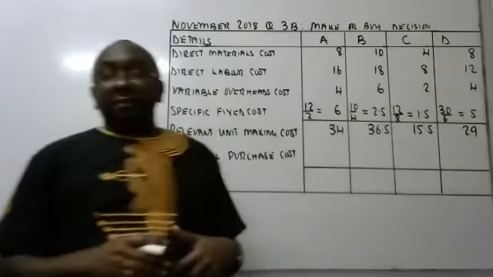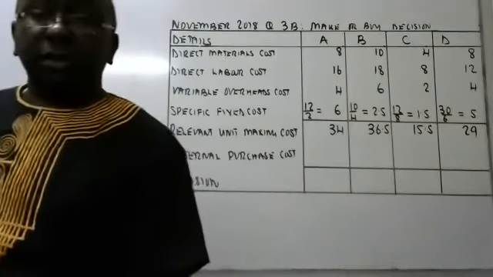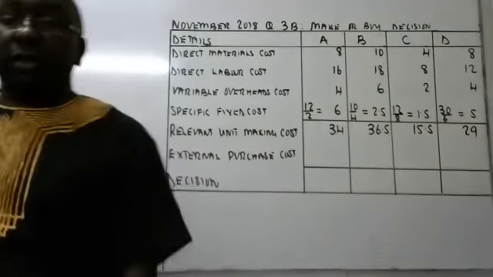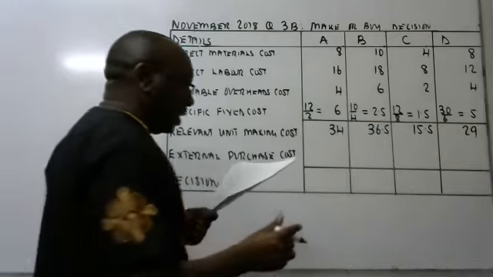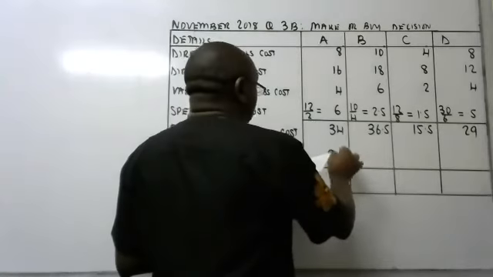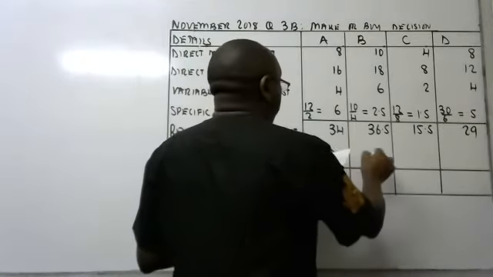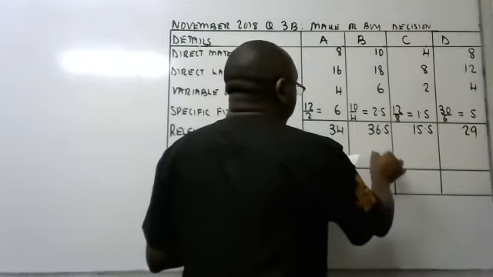Those are the relevant making costs. Then you compare that with the purchase price that is mentioned in information 2. A, we can get it at 24, B at 42, C at 20, and this one at 28.